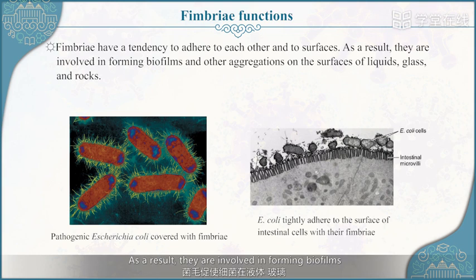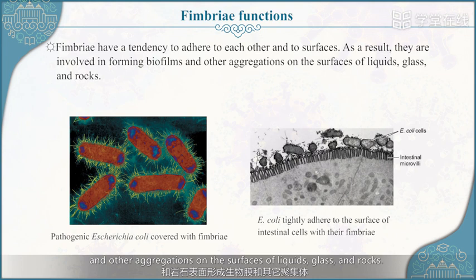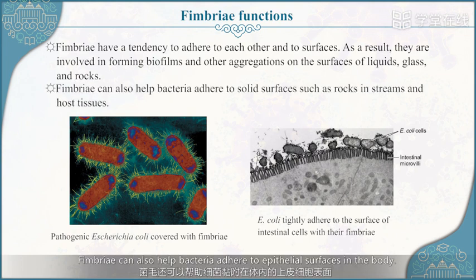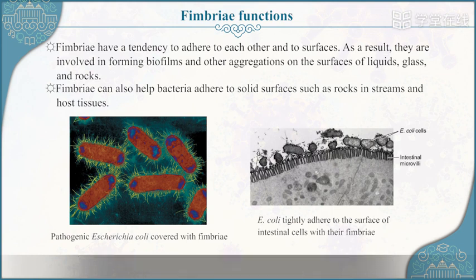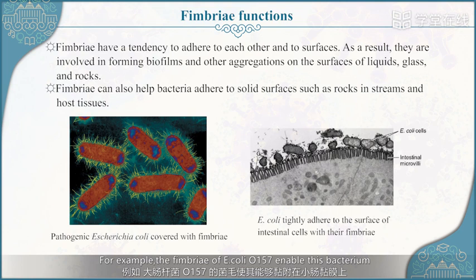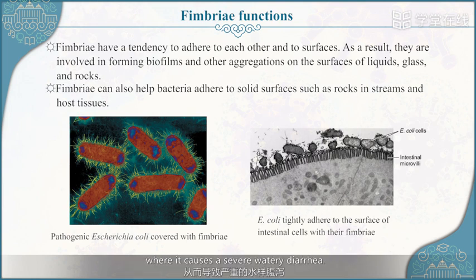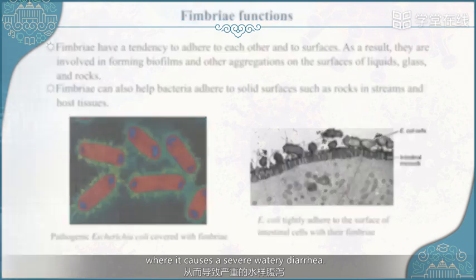As a result, they are involved in forming biofilms and other aggregations on the surfaces of liquids, glass, and rocks. Fimbriae can also help bacteria adhere to epithelial surfaces in the body. For example, the fimbriae of E. coli O157 enable this bacterium to adhere to the lining of the small intestine, where it causes a severe watery diarrhea.